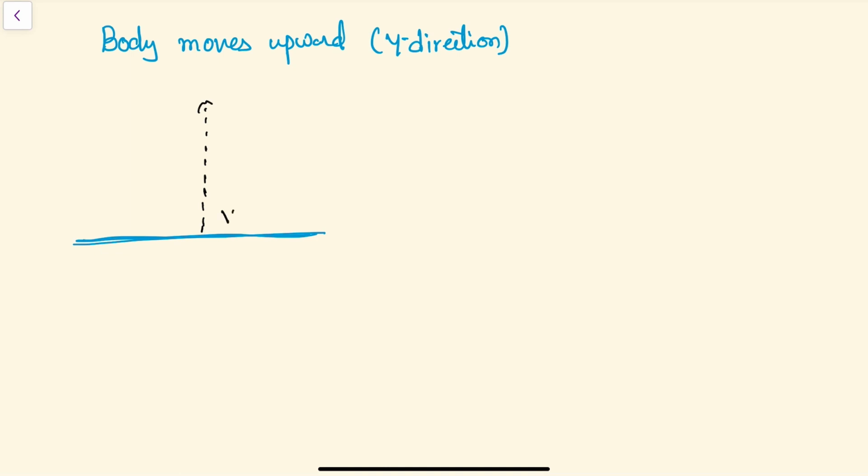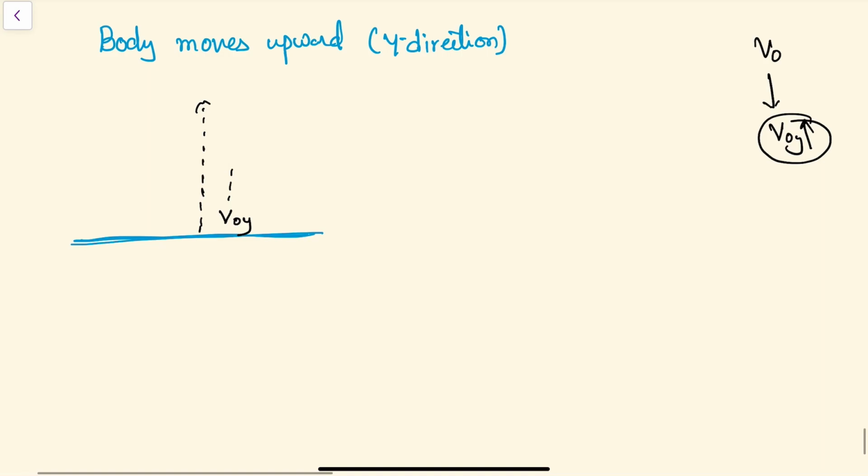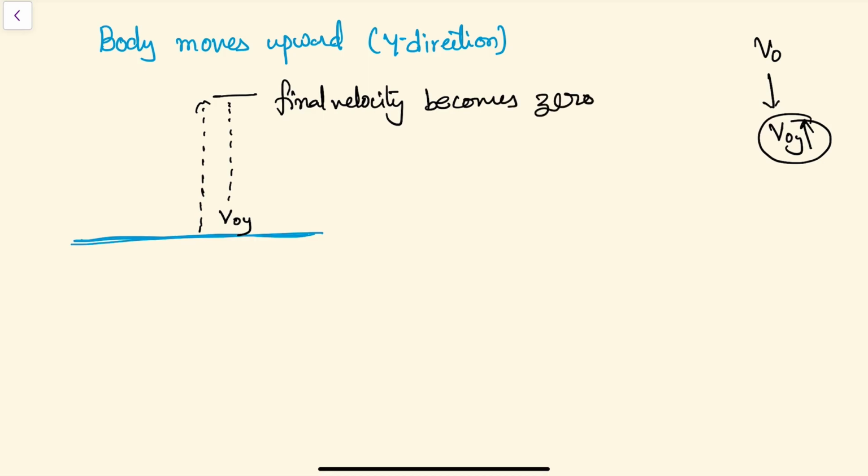With the initial velocity v naught y, actually we should write it as v naught, but as it is moving along the y direction, I am writing it as v naught y. And finally it reaches the top point, where the final velocity becomes 0. Vy is the final velocity.